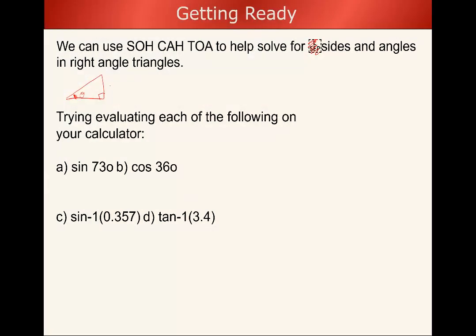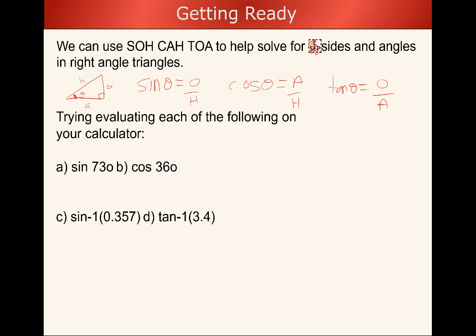If that's where the angle is, then this is the opposite side, this is the adjacent side, and this is the hypotenuse. And the relations are sine theta equals opposite over hypotenuse, cosine of theta is equal to adjacent over hypotenuse, and tan theta is equal to opposite over adjacent.